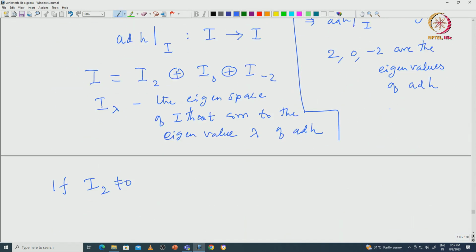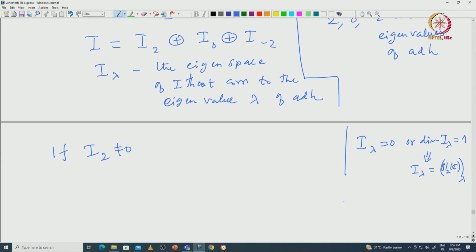So, the dimension of I_lambda must be at most 1, and either I_lambda is 0 or I_lambda equals SL2C_lambda. That is the observation.